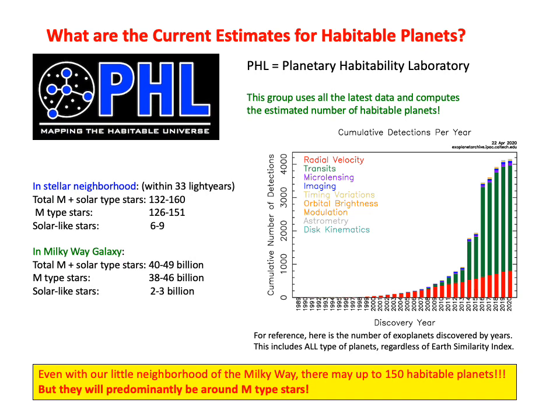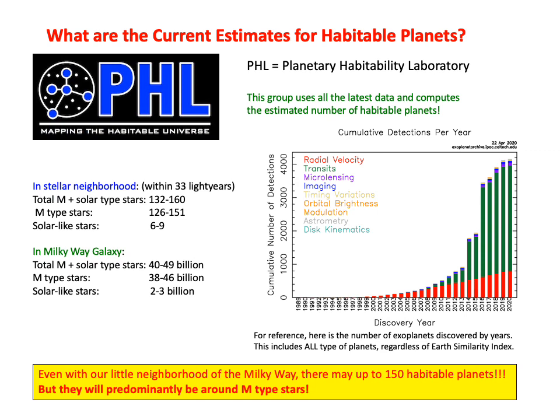Then they decided to look at the solar neighborhood, which is a sphere around the sun about 33 light years. And remember that the galaxy itself is 100,000 light years across. So this is really a local neighborhood in the galaxy. In that region, the 33 light year sphere around the sun, they counted or estimated the total number of M-type stars and solar-type stars, basically the M, K, and G stars.